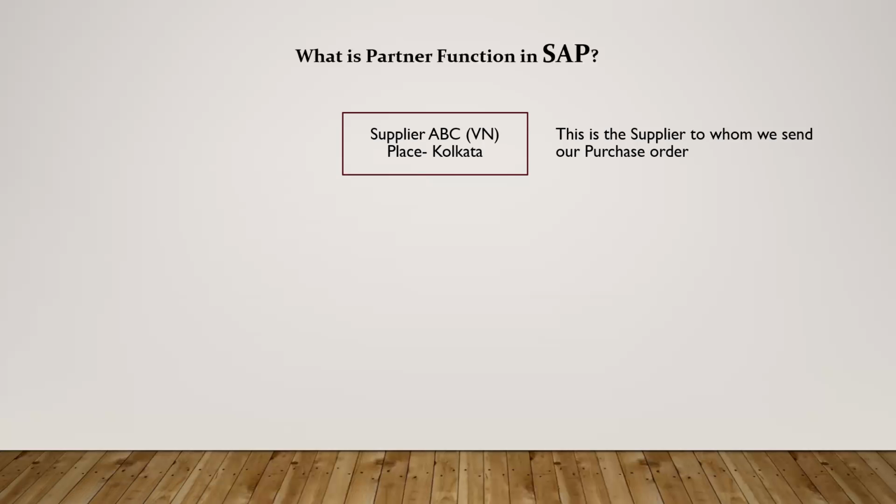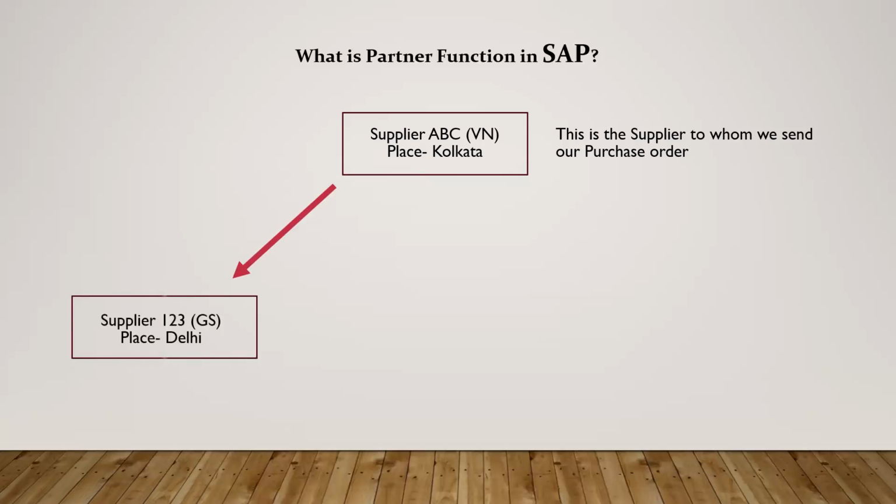One of the branches of this supplier is in Delhi. So when we receive the goods into our goods receipt, this supplier will be shown. From the Delhi location, this supplier will send us the material or goods.